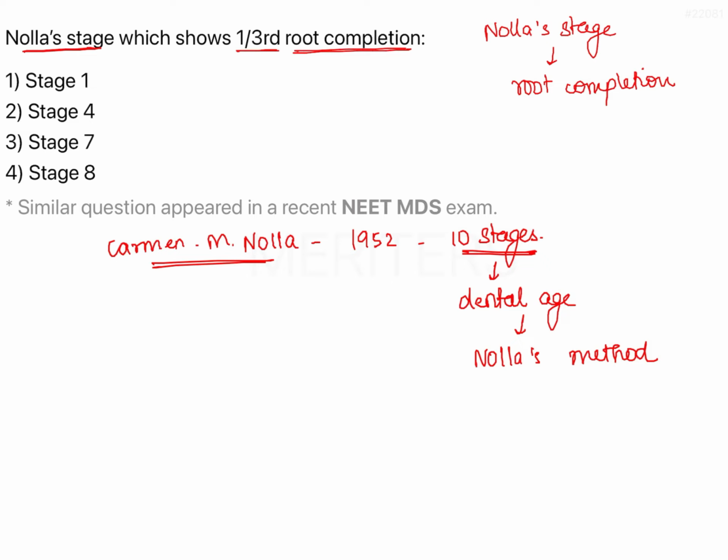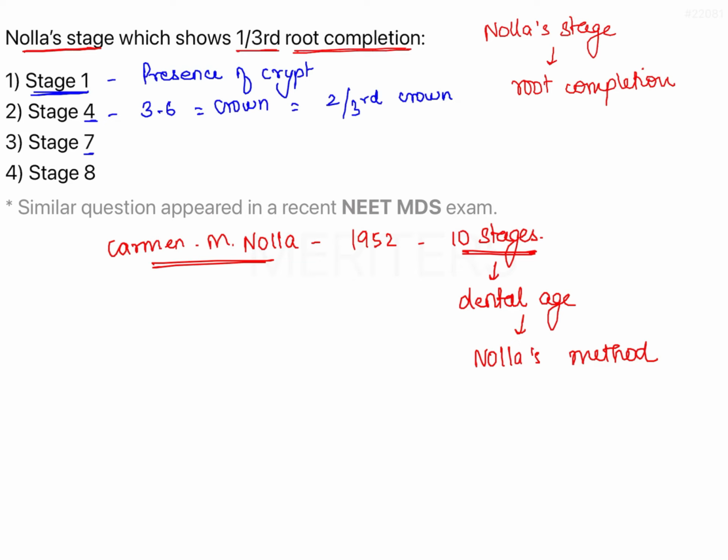So now getting back to the options, now we'll be able to recollect easily. Stage 1 denotes the presence of tooth crypt, whereas stage 2 denotes the beginning of calcification. And option 2 says stage 4. So 4 comes between 3 to 6, which is for crown completion, and 4 is an even number, therefore it denotes 2/3 of crown completion.